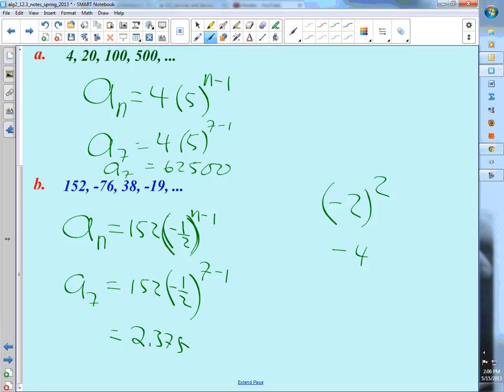And the answer to this is positive 4. So you know, or hopefully you know, 7 minus 1 is 6, right? Even power. Negative to an even power has got to give you a positive. Now what you have is a pretty smart calculator. You got to put that thing in parentheses to raise it to the power. The more complicated R gets, the more important it'll be that you have it in parentheses when it's negative. Everybody good on A and B here?